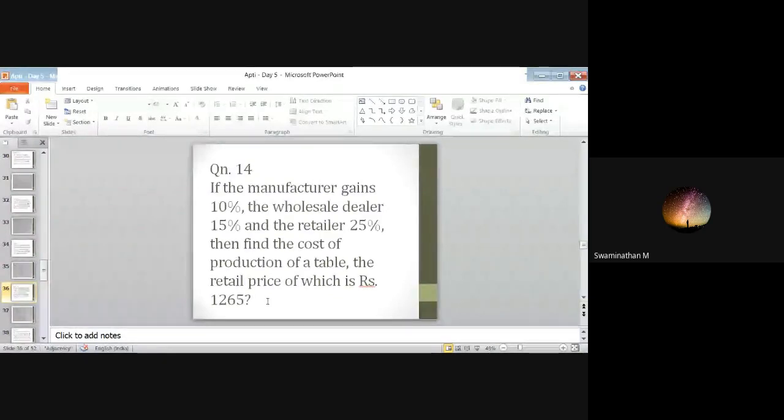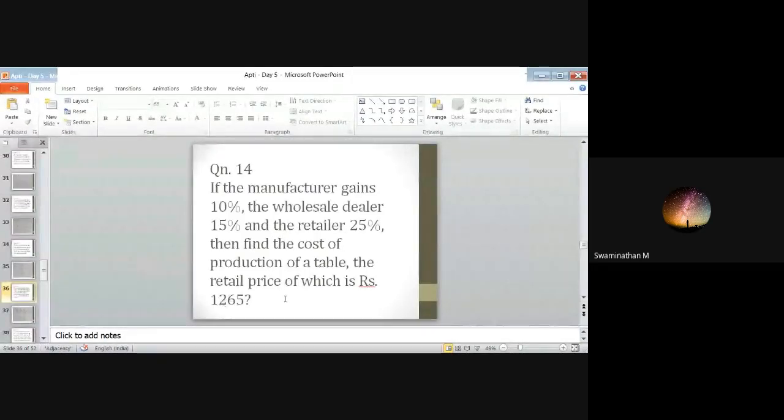But this is not the cost of production. The manufacturer gains 10% and gives to the wholesale dealer. He sells to the retailer with 15%, and the retailer wants to gain 25%. So after all this, it is 1265.